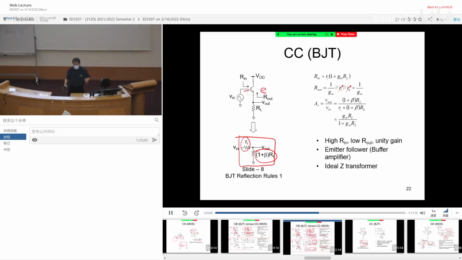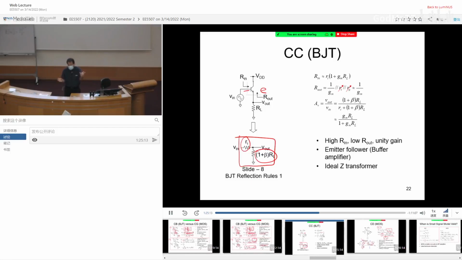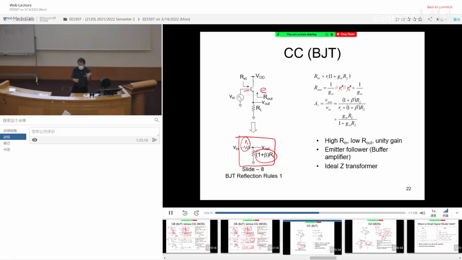The reason is that on one side I have current IB, and on the other side I have current beta plus 1 times IB. So instead of associating the beta plus 1 with IB, I associate 1 plus beta with RL. You get the same point? Same thinking here?